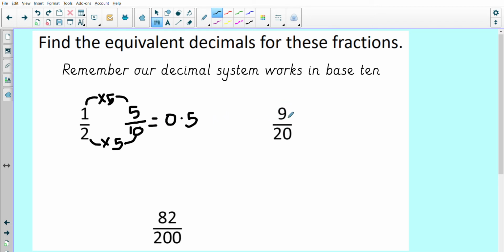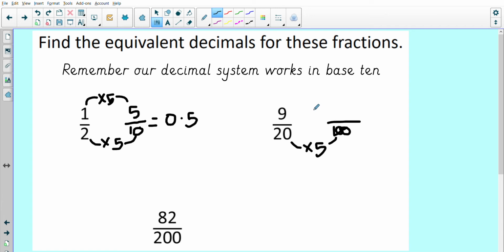Let's try 9/20ths. Do we work in 20ths in our decimal system? Hopefully you're saying no. So how can I get from 20ths to a decimal that we work with? Well, I could halve it and get to tenths, but can I also halve a 9? I cannot. So I'm going to have to do something else. I'm going to also multiply by 5. And that's going to change my 20ths to 100ths.